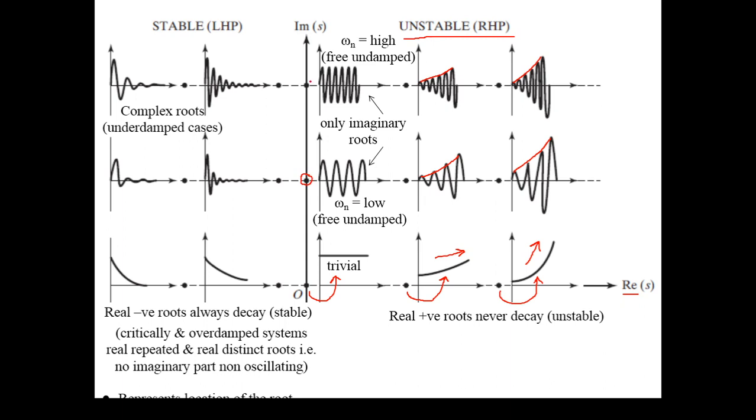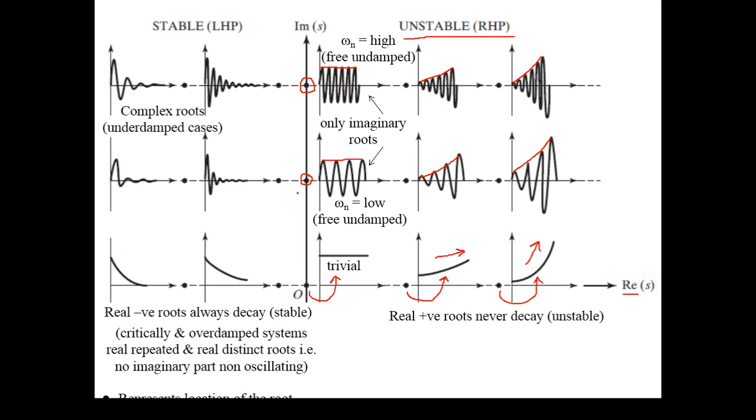The real part for these systems is zero, and when the real part is zero, they are oscillating in nature, because they have only an imaginary part. So they are oscillating in nature, and they are marginally stable because the amplitude is at least not growing in time compared to all these other responses. The responses of these two are still not decaying, but they have at least a fixed amplitude. They are not growing in time.